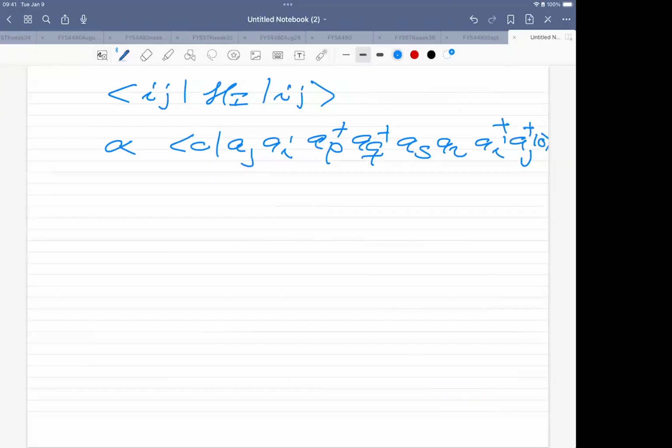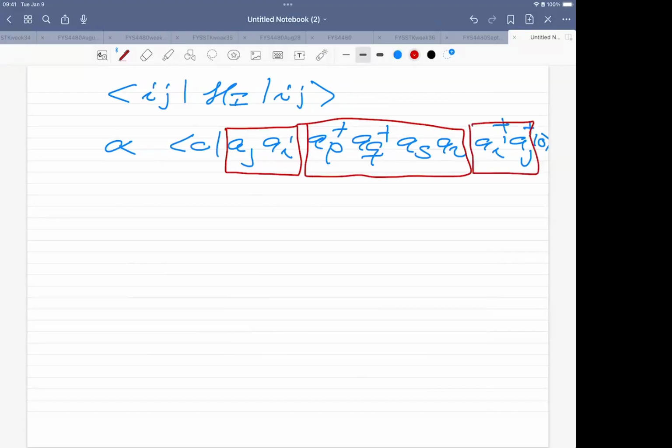Now, there was one thing which we said yesterday. Let's look at these sets of operators, because these are now sets of normal ordered operators. When we use Wick's theorem, we are summing over all possible contractions, right? This is essentially what Wick's theorem says. However, if you look at contractions inside this set of operators, which are normal ordered, then we know that these two are zero.